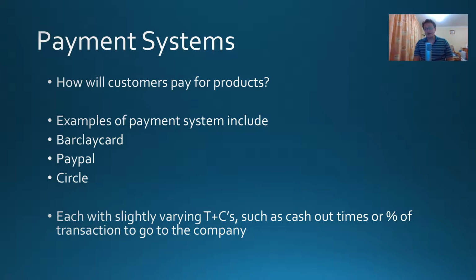PayPal is extremely popular these days, and Circle is growing. These guys will process transactions and commonly take a cut. So you'll want to have a look at how much the cut would be, and also things like cash out times. So when people pay you money, it's usually there quite quickly.